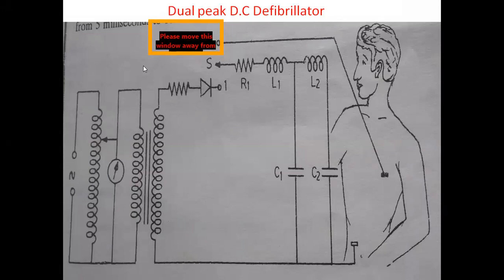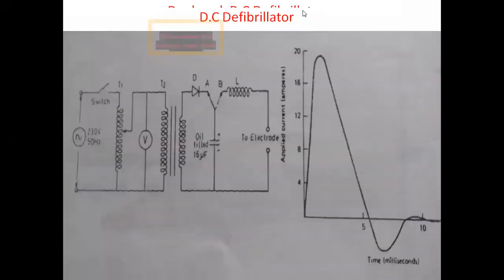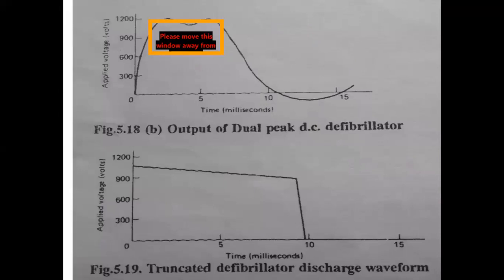So this is another one, that is also a DC defibrillator. Here, the dual peak DC defibrillator. Whereas in the previous case of the DC defibrillator we were using a single peak, in place of a single peak you can use a double peak.